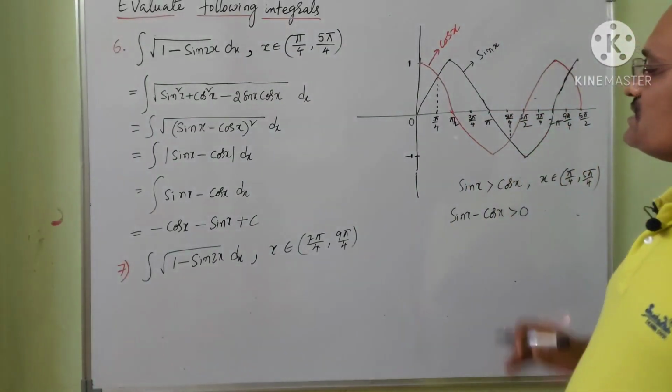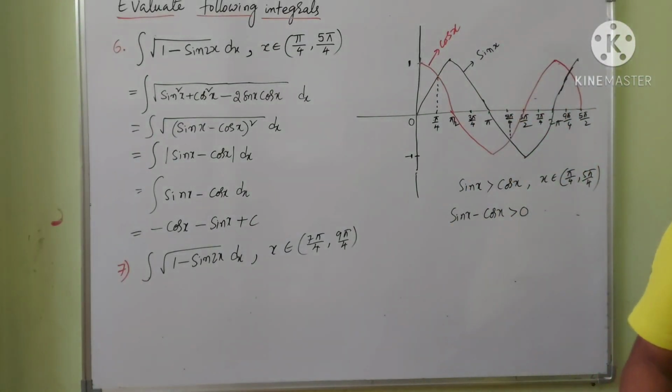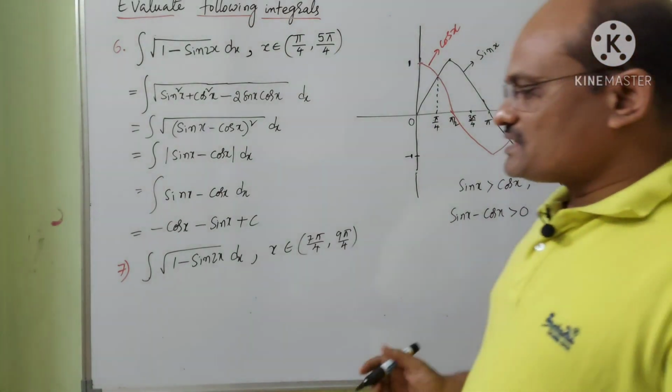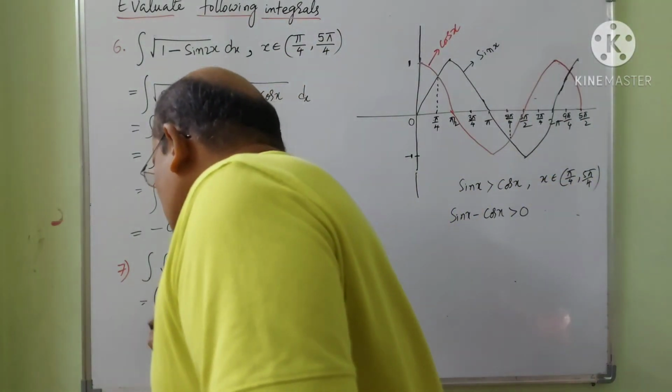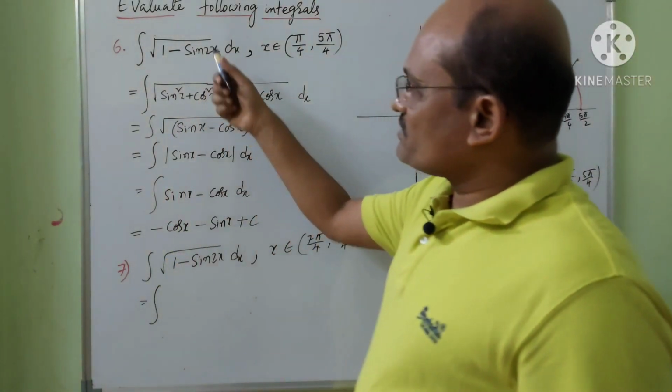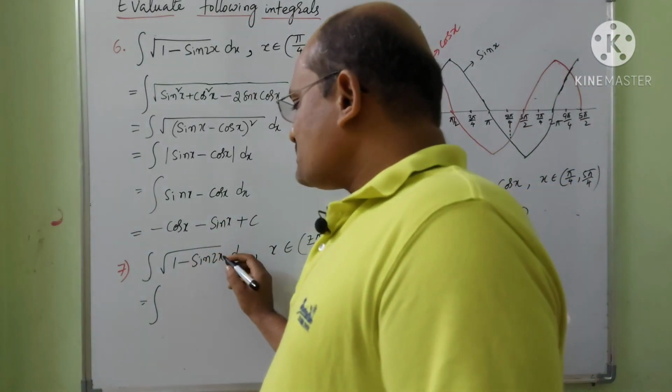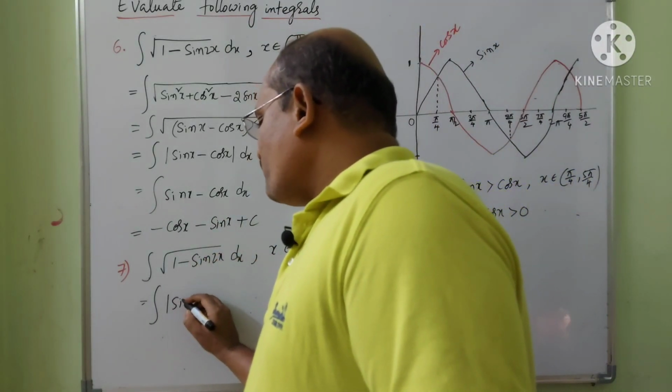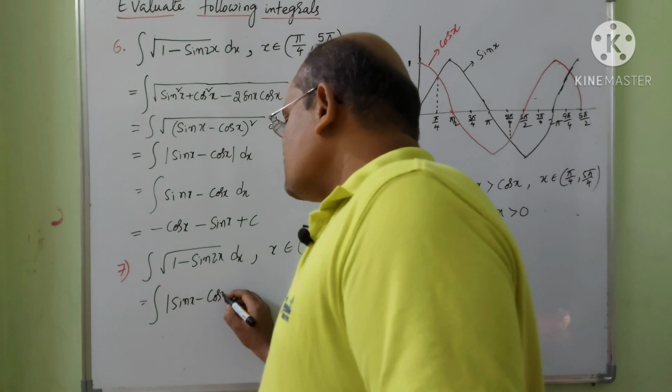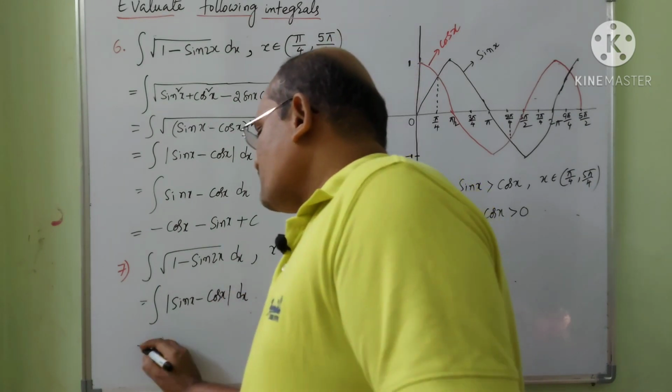See the graphs of sin x and cos x. I told you in previous problem, root 1 minus sin 2x is modulus of sin x minus cos x dx.